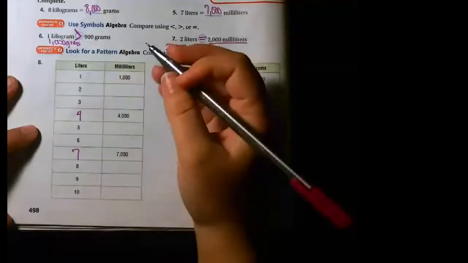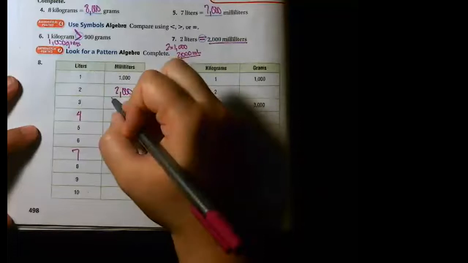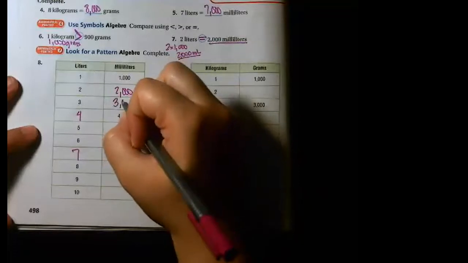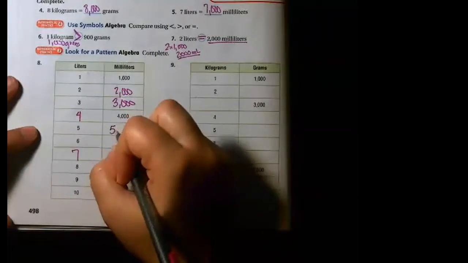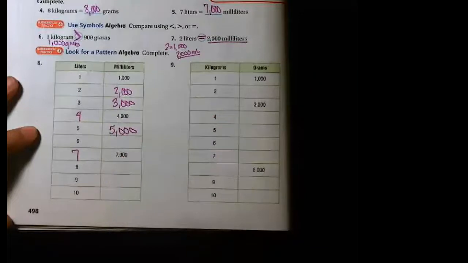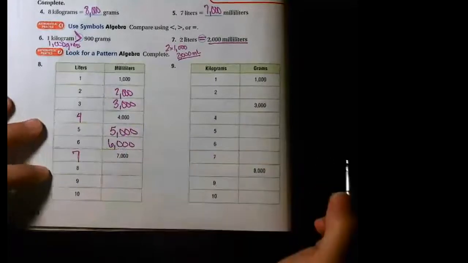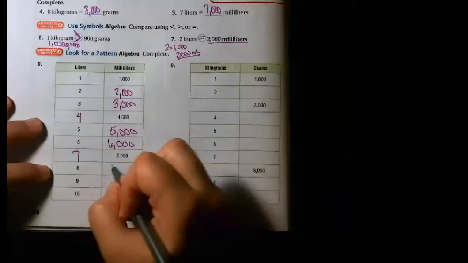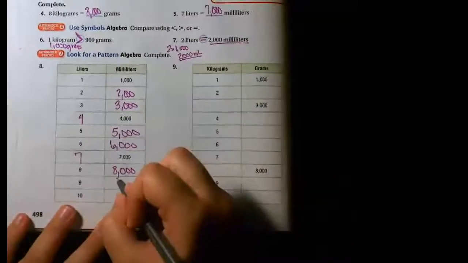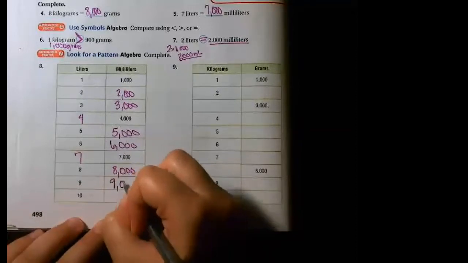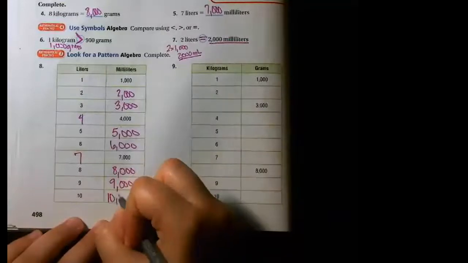So we have 2 times 1,000 would be, good, 2,000. 3 times 1,000 would be 3,000. 5 times 1,000 would be, great, 5,000. 6 times 1,000 would be 6,000. 8 times 1,000 would be 8,000. 9 times 1,000 would be 9,000, good guys. And 10 times 1,000 would be, wonderful, 10,000.